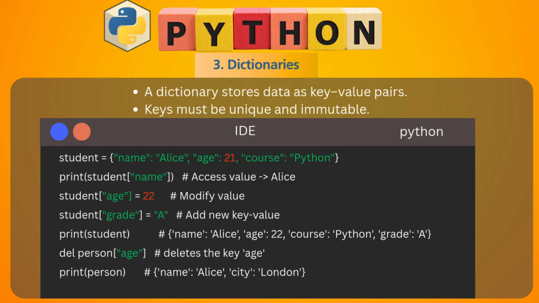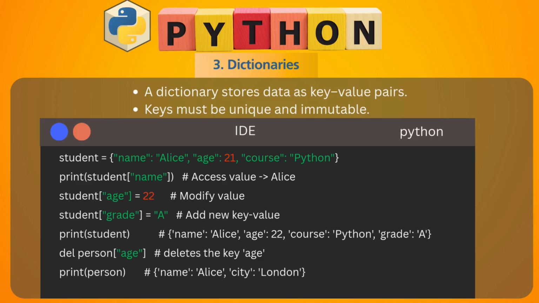In Python, dictionaries are like a mini database. They store data as key value pairs. Let's see how they work. Here we created a dictionary with 3 key value pairs. Using a key like name, we can quickly access the value alias. We updated age from 21 to 22. Dictionaries are mutable, so we can modify values anytime. We added a new key grade with value A. Dictionaries grow dynamically.